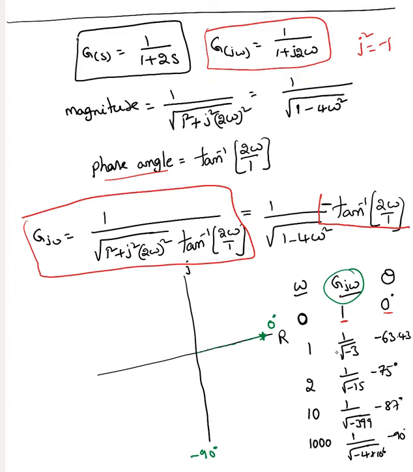At omega equal to 1, magnitude is 1 over square root -3. 1 over square root -3 is nothing but, since in the square root we have negative numbers, I can convert that into imaginary, 1 over j square root 3. Square root 3 is nothing but 1.732, something like that. So imaginary 1.732 somewhere here.